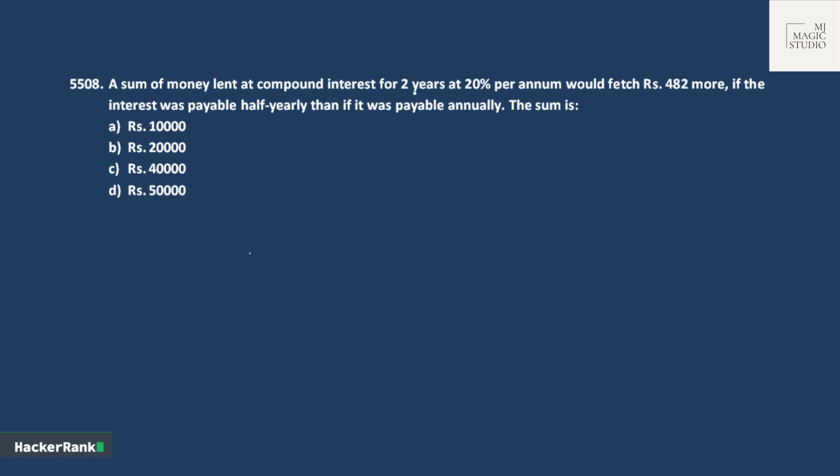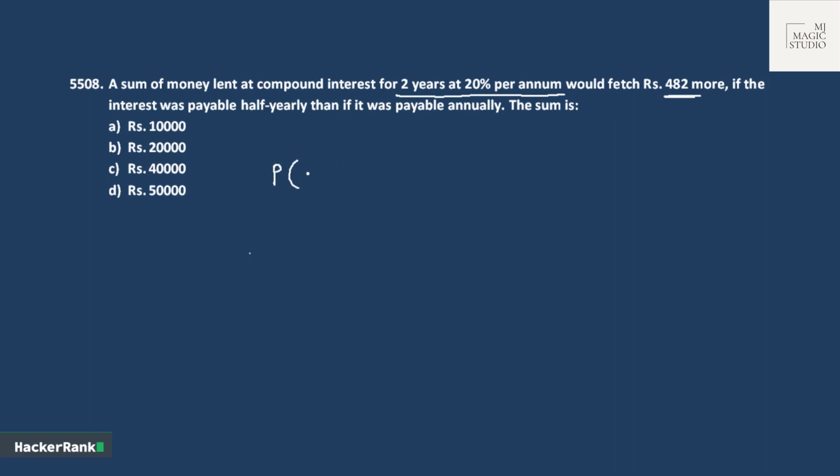A sum of money lent at compound interest for 2 years at 20% per annum would fetch 482 more if interest was payable half yearly than if it was payable annually. The sum is? Now the interest is paid annually.